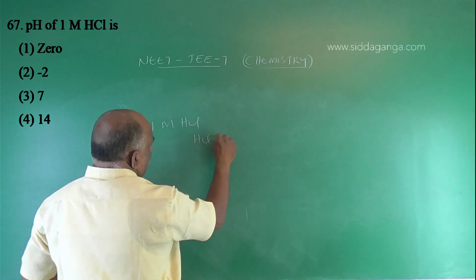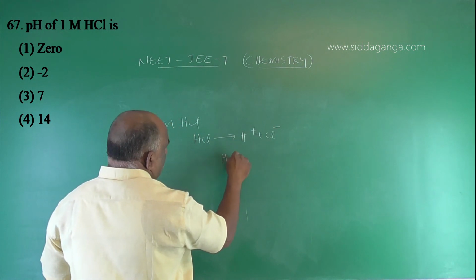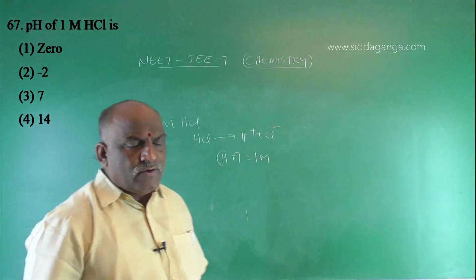HCl will give rise to H plus plus Cl minus. Whatever the concentration of H plus is, it equals 1M. Log 1, we will go with log 1.